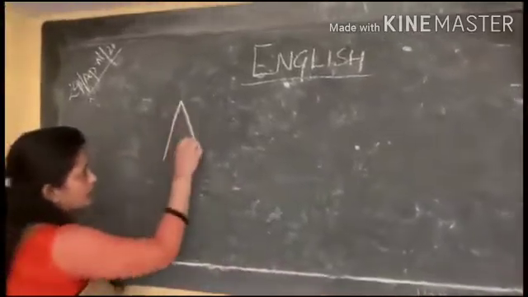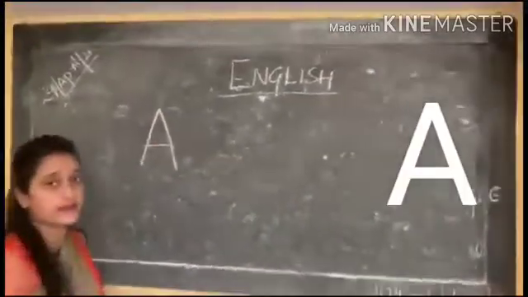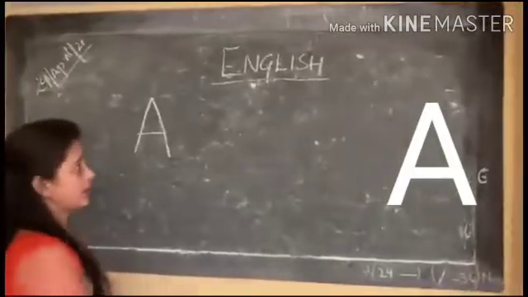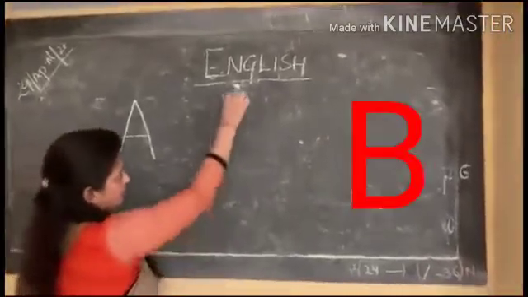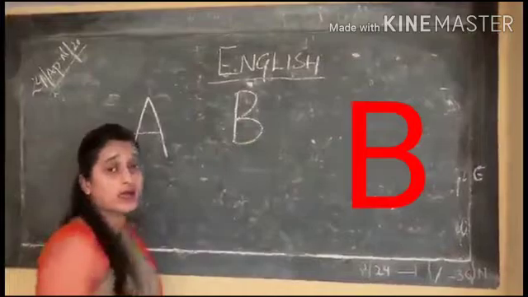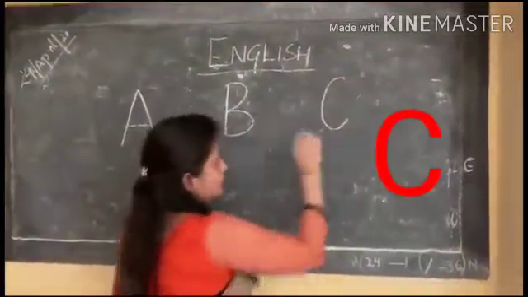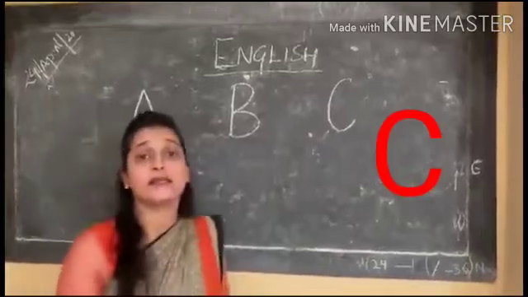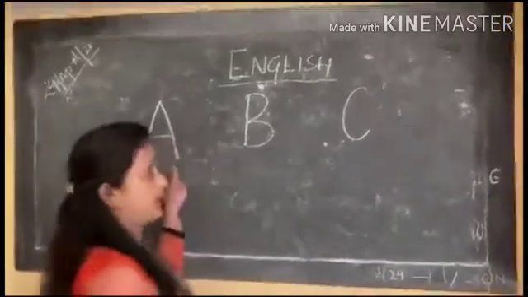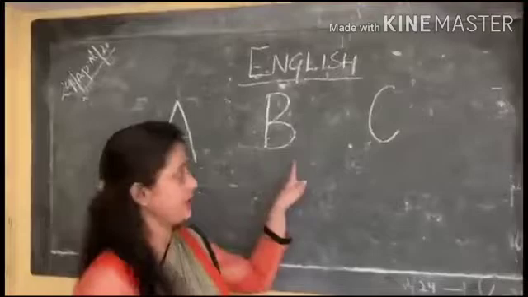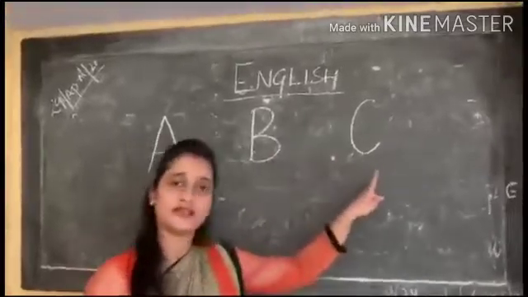Which alphabet is this? This is A. Very good. Which alphabet is this? B. Very good. And which alphabet is this? C. A, B and C.